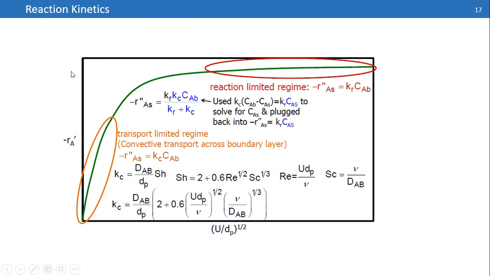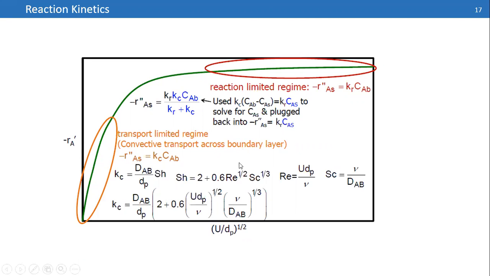Here is a curve that you can use based on your reaction rate, gas velocity, and particle size. Increasing your gas velocity or decreasing your particle size will reduce the limitation, especially for the case of external mass transfer.